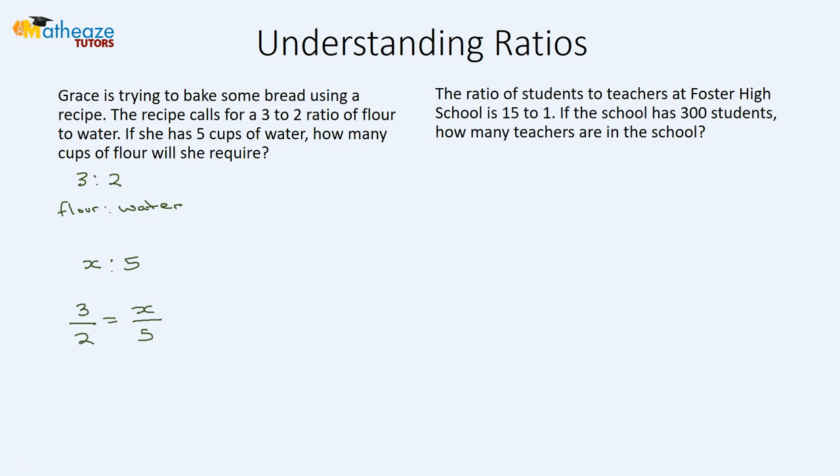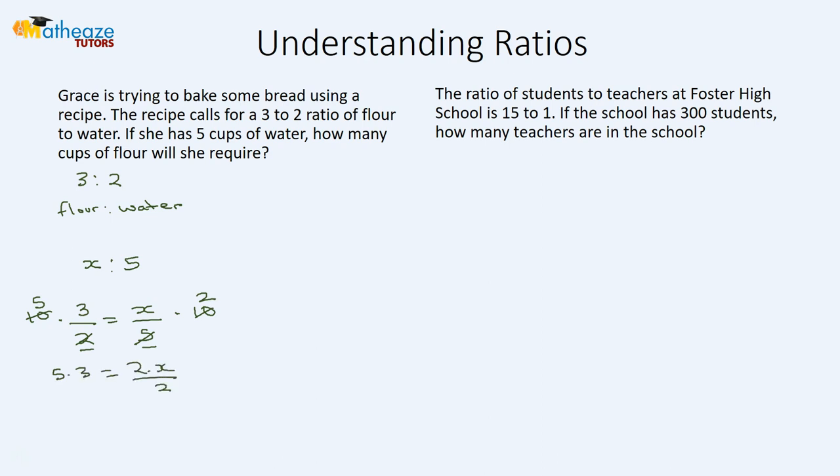So we have two choices. The best choice I would say here is to find the lowest common denominator of 2 and 5, which will give us 10, and we multiply both sides by 10. So this is going to give us 5 here, and 2 here. So we now have 5 times 3 is equal to 2 times x.